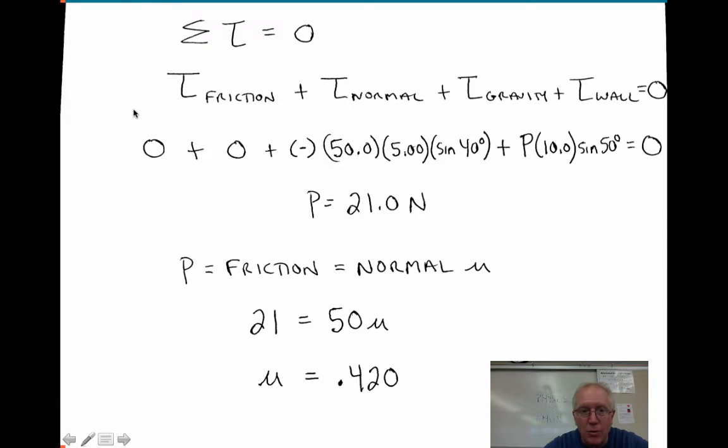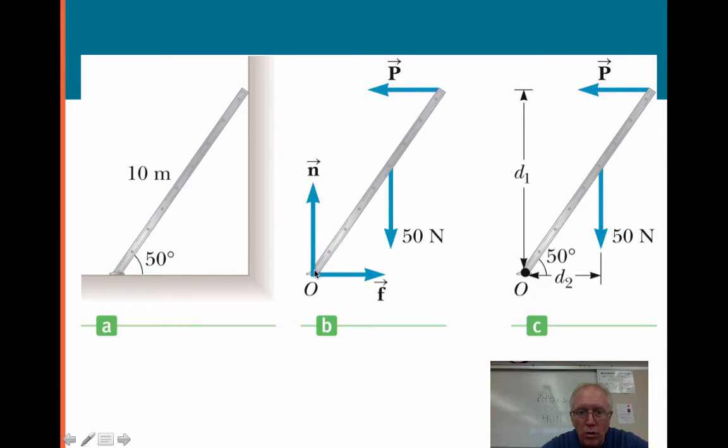Let's see why. I'm going to go back to the equation. Well, I'm choosing my point of rotation to be right here at the bottom. If I pick it right here, I've got two forces that are going to cancel out in the torque equation immediately. All right, since I have a 50-degree angle over here, I can say that the wall's force is going to be at 50 degrees also, and the force over here is going to be at 40 degrees from the ladder.